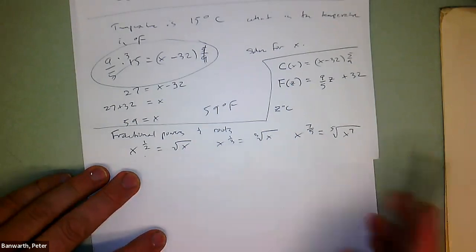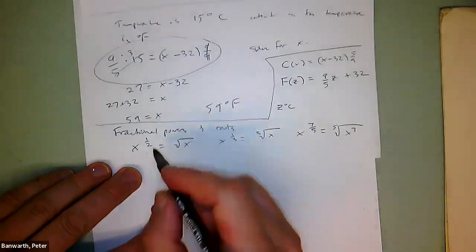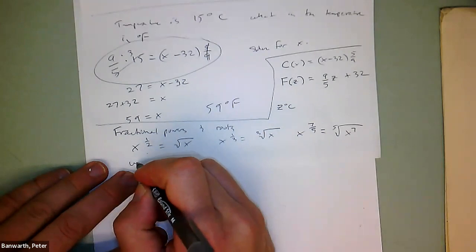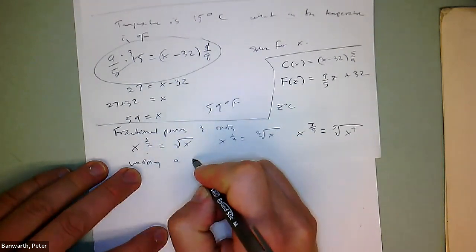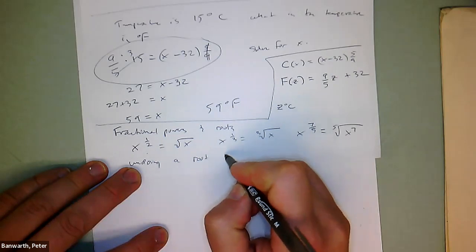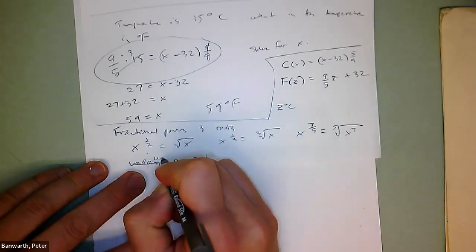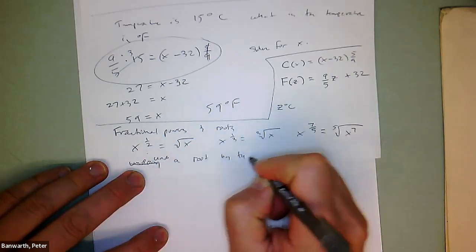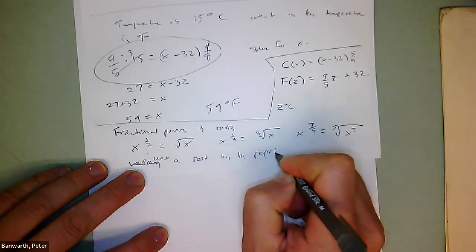And so it helps to be able to go back and forth between these, and undoing a root. You undo a root by the reciprocal power.